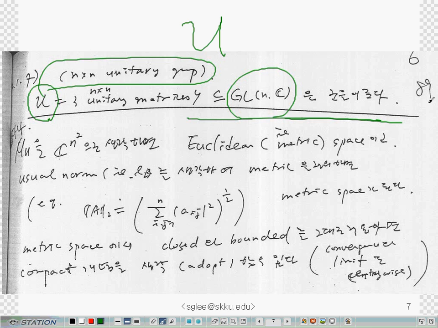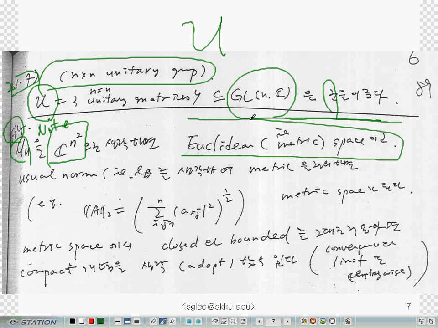Okay. Because here it has more than that actually. There is a note after this 2.17 which says if we think of Mn as the vector space of dimension n squared, then that can be considered as the Euclidean space, a metric space.